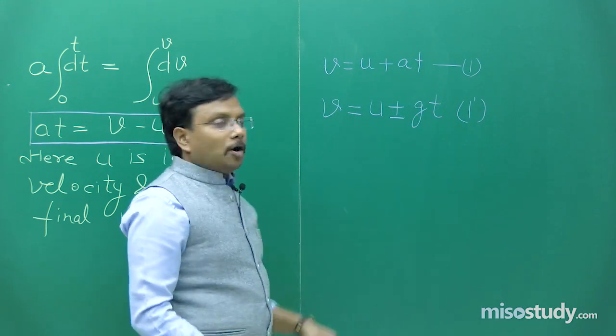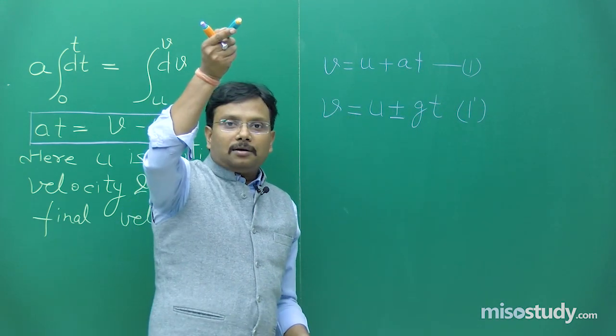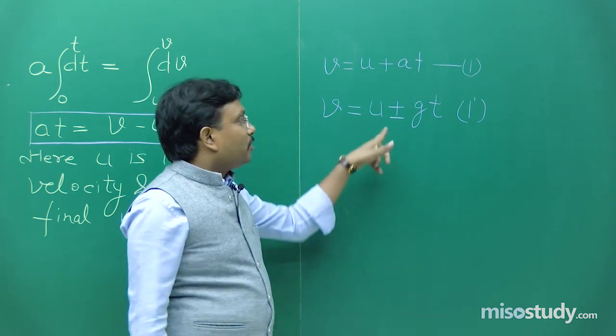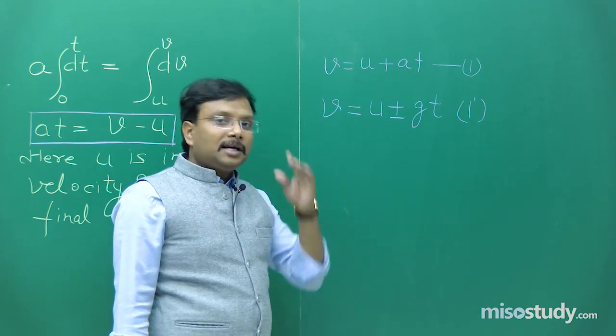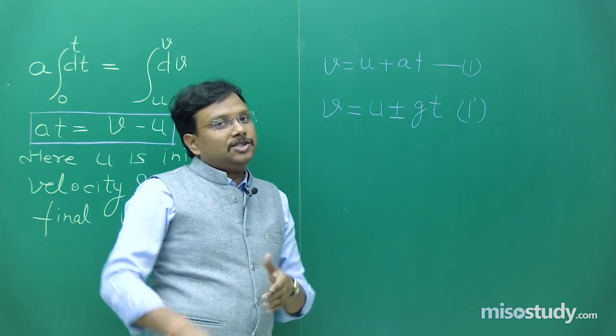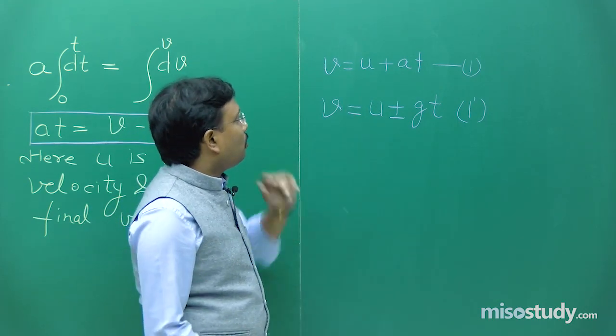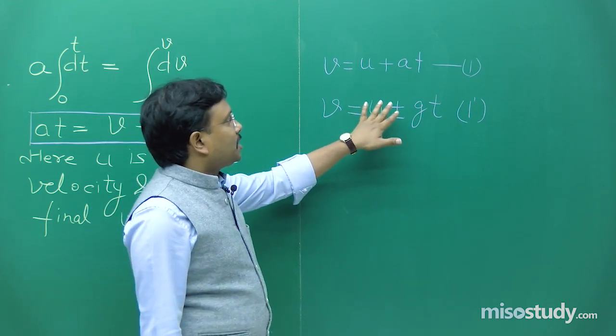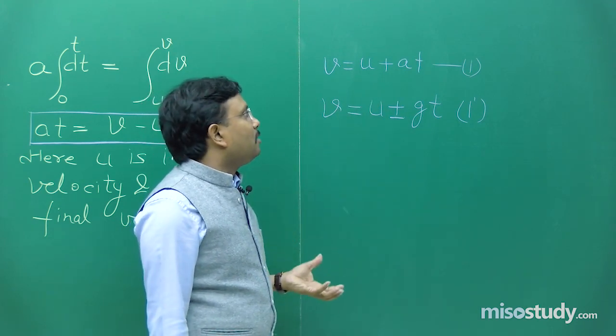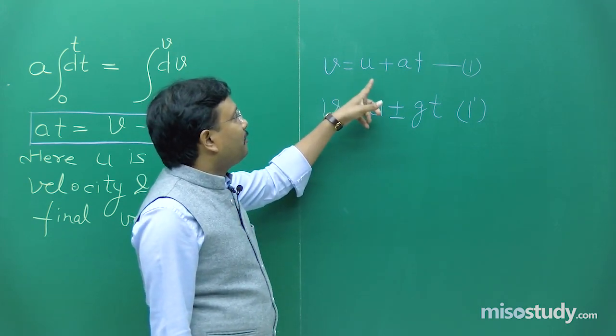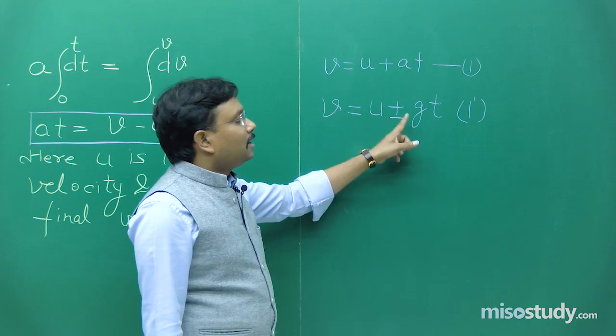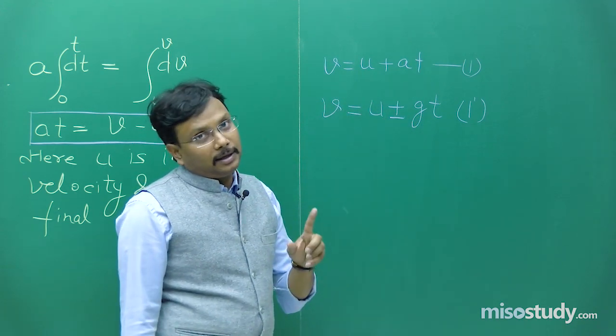Because if the object is moving upward but g is downwards, it is minus. If the object is moving downward, g is also downward, so it is plus. Now, this one equation gives me a relation between initial velocity, final velocity, acceleration and time.